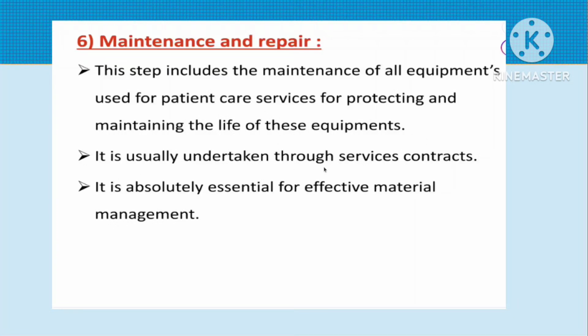It is usually undertaken through service contracts. If you are buying any equipment, you will have a contract, like battery replacement, if any repair comes, 2 years guarantee, warranty, all that you have to keep in mind. It is absolutely essential for effective material management.